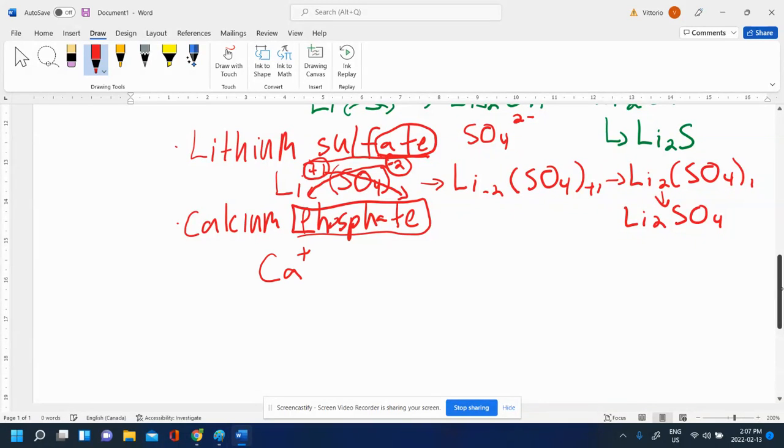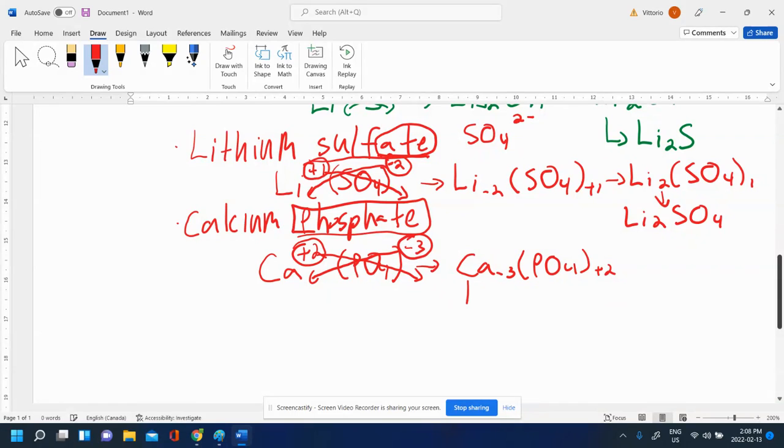Calcium's in group 2, +2. That's for our metal. We'll put our polyatomic ion phosphate, PO4, in brackets, and its charge on the outside, -3. We'll bring the -3 down to the other side, the +2 down to the other side and outside the bracket, of course. And then we get Ca -3, in brackets still, PO4, +2.